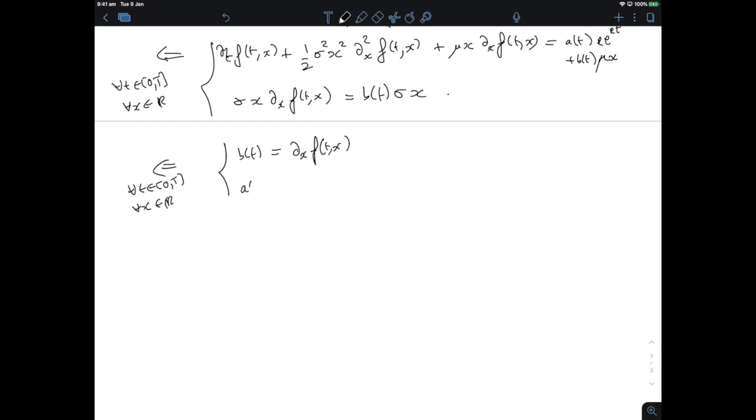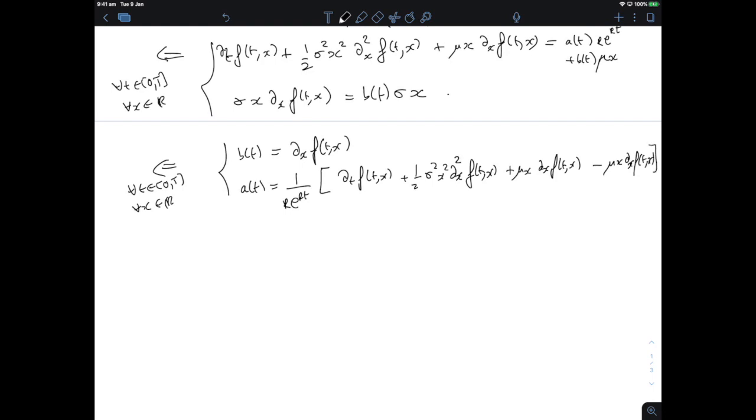And then I should choose A_t to be 1 upon r e^{rt} times ∂_t f(t,x) plus 1/2 σ² x² ∂_x² f(t,x) plus μ x ∂_x f(t,x) minus μ x, and B_t is ∂_x f(t,x).